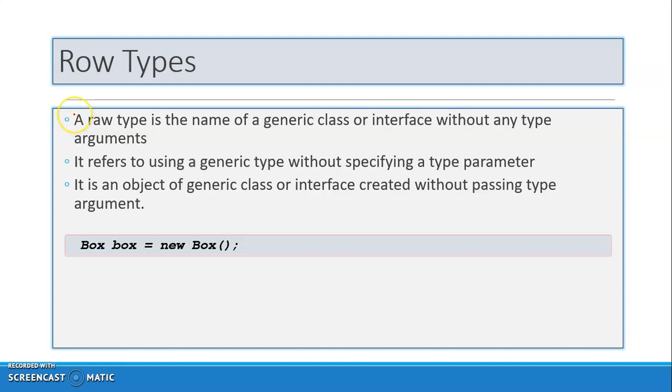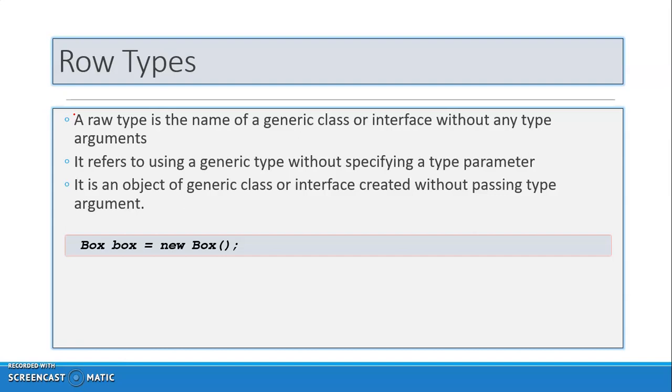In the previous video, when we were using a stack as a generic class or generic interface, we were specifying Integer or String, or we specified even ABC as a type argument when creating an object of that stack.